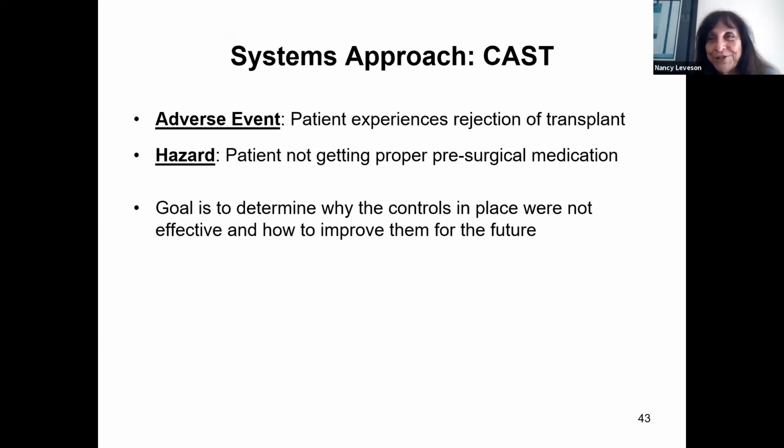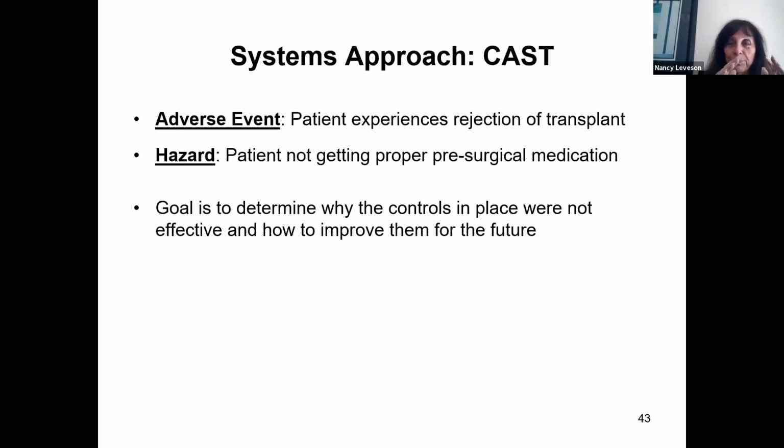This is actually much easier now because we know the hazards and the accident, which they call adverse events. So I just use the technical term used in patient safety, adverse event, instead of accident. This is much easier because after the fact, we know what these are. This is hindsight bias. It's okay because there's no point in doing a whole STPA and finding all the different things that could happen, hundreds of things, when we know what happened. So we can focus on what happened here.